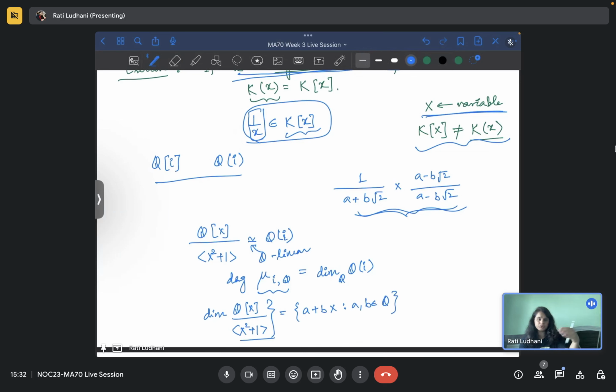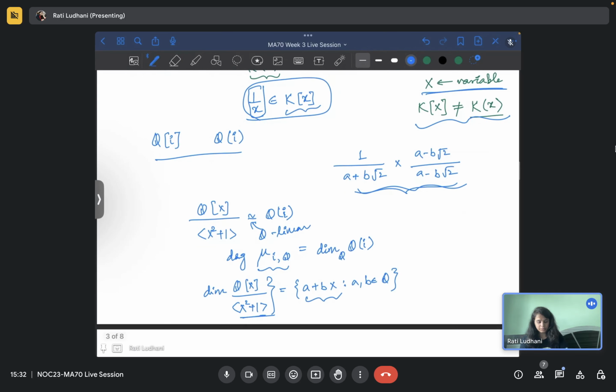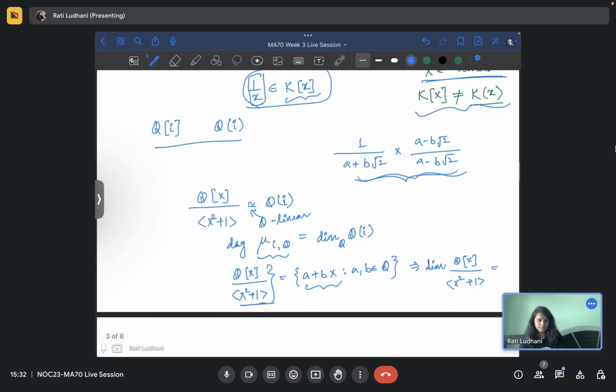Whenever a square occurs, you can get rid of it and just put it in the remainder. So the remainder is really of this form when you divide f(x) by x square plus 1. So the dimension should be 2, exactly.